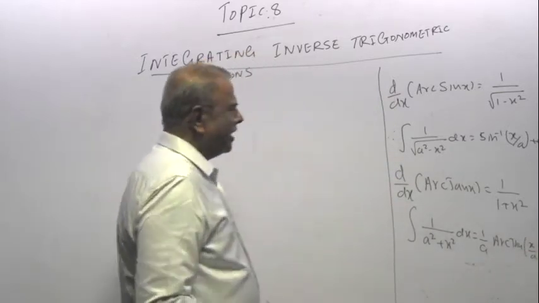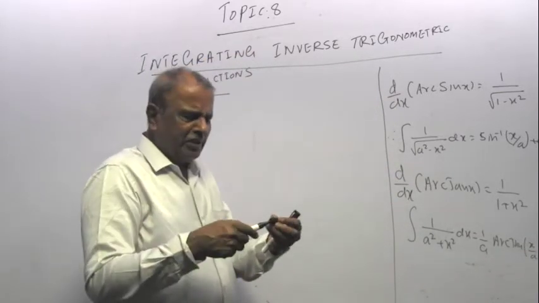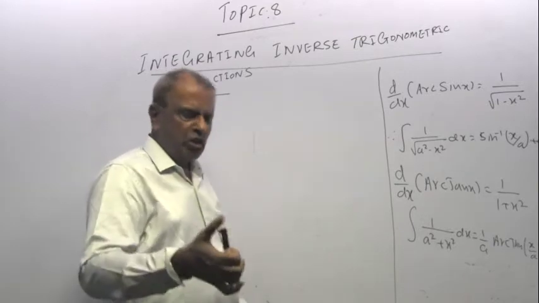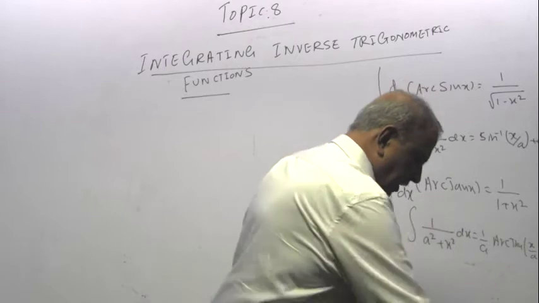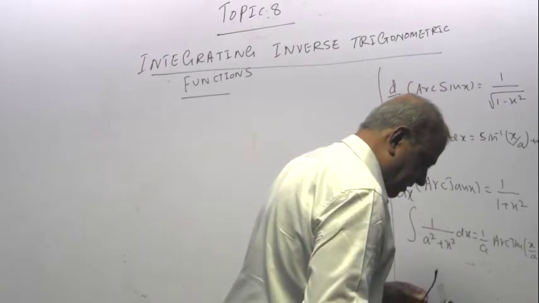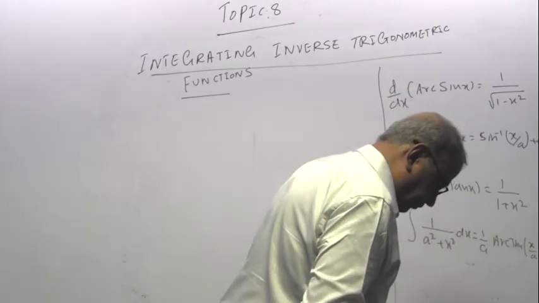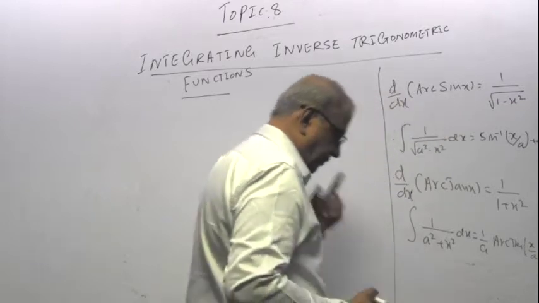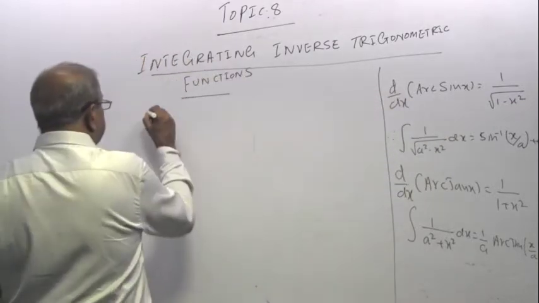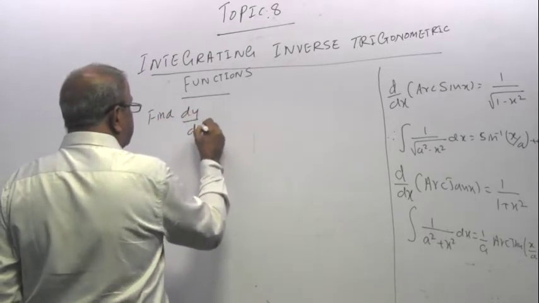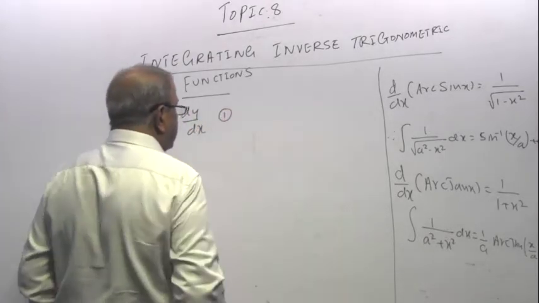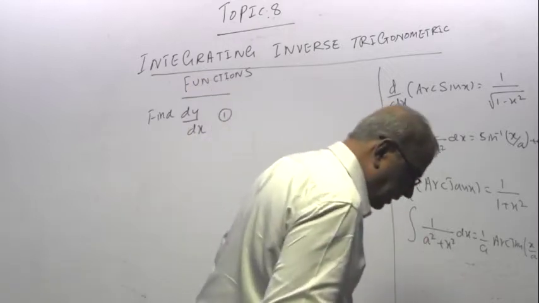These are the only two standard formulae, but if it is sec inverse or something, we will use substitutions. Okay? So let's do some questions on differentiating and integrating these things. Find dy by dx. This is just a revision sort of question. So we go over the formula.